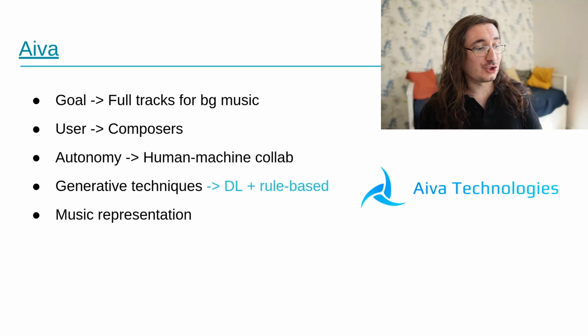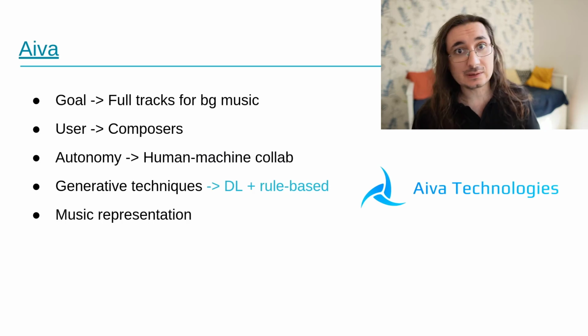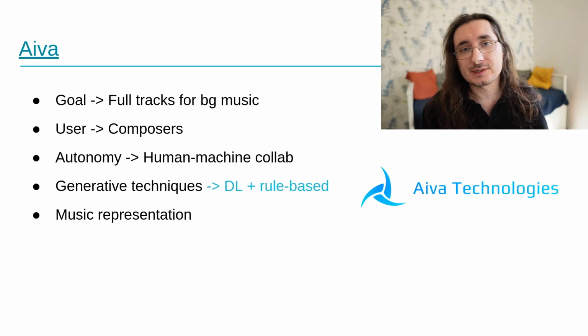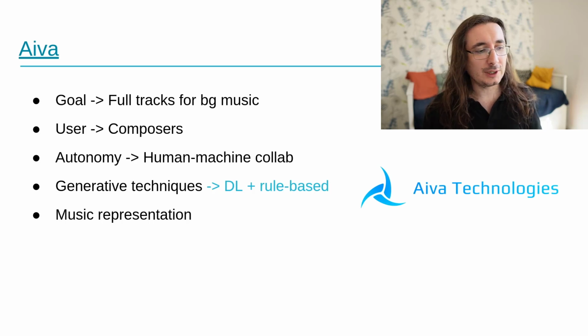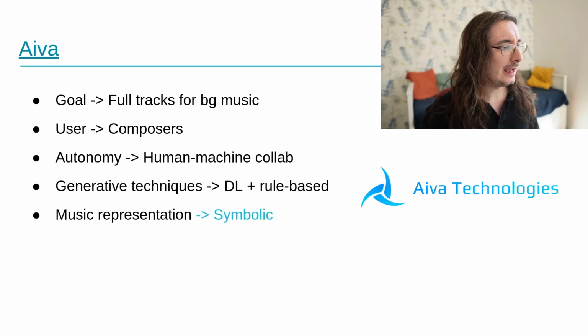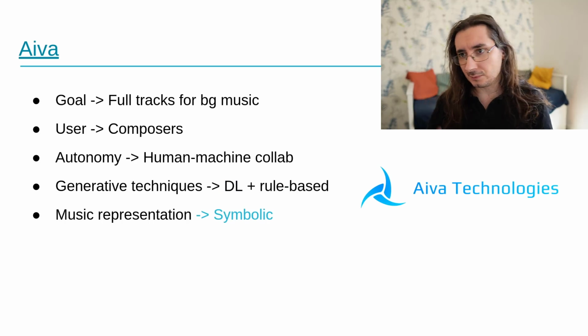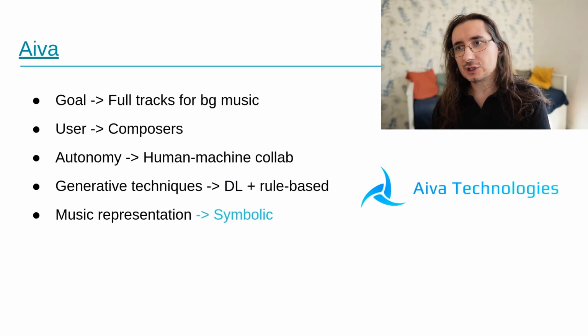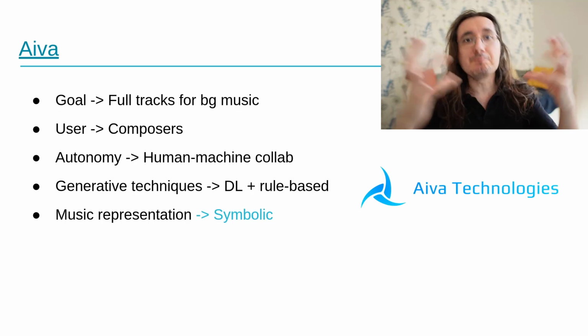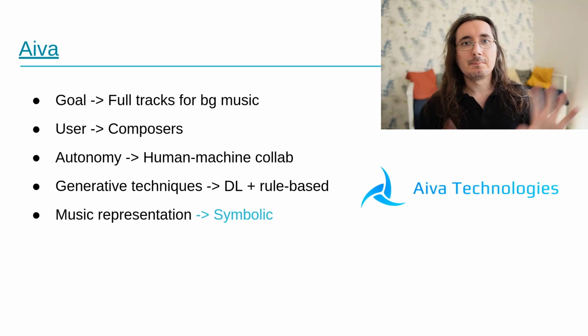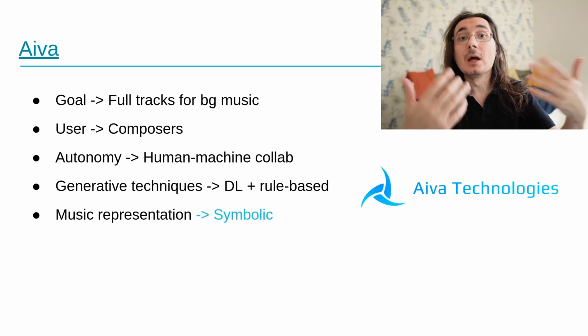I'm not sure about the generative techniques that they use because, of course, these are proprietary things, but I would assume they use a mixture of deep learning and rule-based approaches. And in terms of the music representation, they definitely use a symbolic approach. So by the end of the generation, you're going to have a sort of MIDI score that you can then manipulate however you want and then produce.